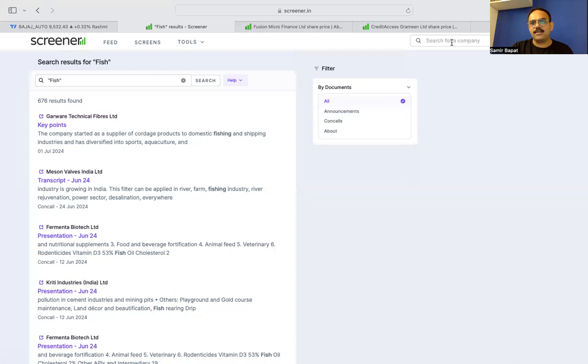Here you can put those words, whatever you want to search, your idea, and it will give the companies which are mentioning those in their reports. Everyone okay? Everyone clear how to search for those companies, whatever you are thinking, which are related to that? So it's an easy way to search, right?